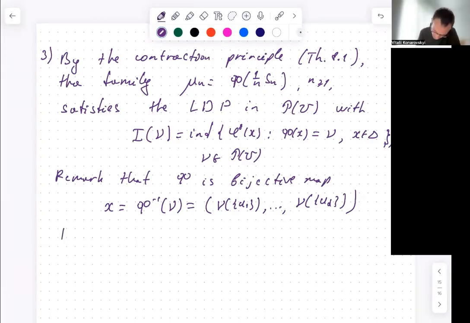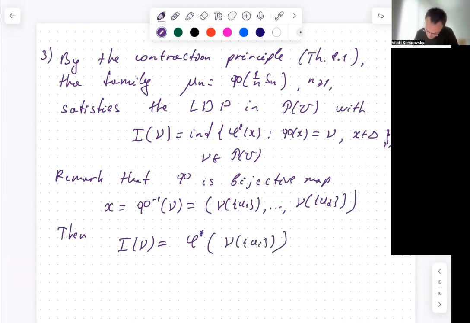Then the rate function is just phi star of that vector.